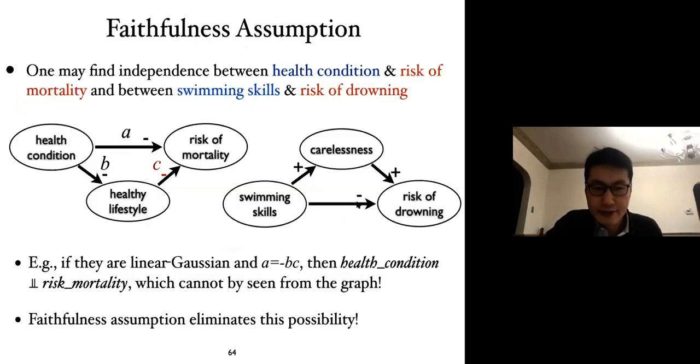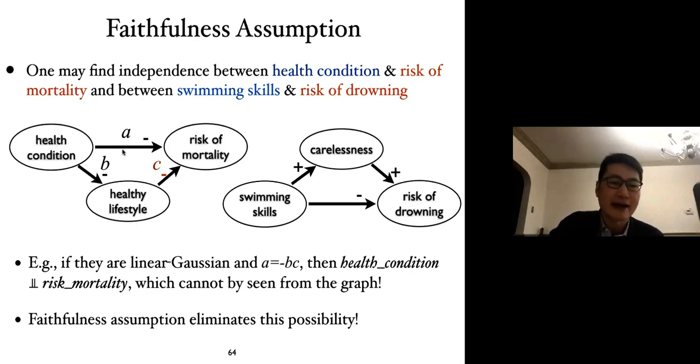Okay, so here you can see some cases where the faithfulness assumption is violated. We have three variables here: health condition, risk of mortality, healthy lifestyle. So you can see we can have two causal pathways from health condition to risk of mortality. And if A equals minus BC, then this variable, although a cause of the final effect, will be independent from the final effect.